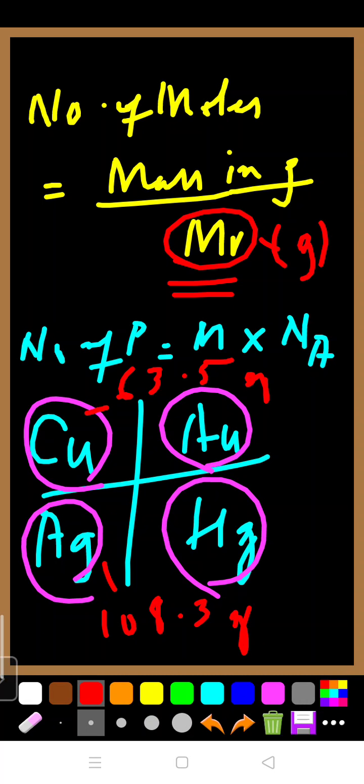Molar mass means we have a quantity of one mole, and we are expressing the mass in grams. Got it? ठीक है? Got it, class?